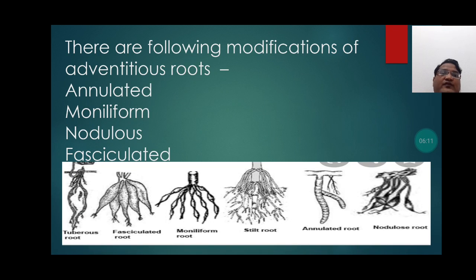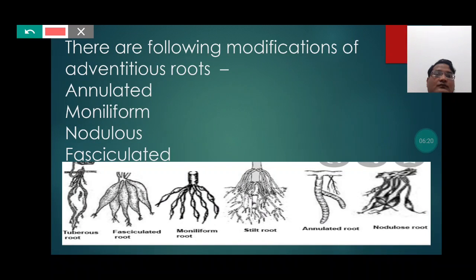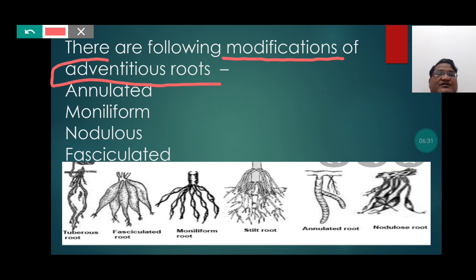There are following modifications of adventitious root: annulated, moniliform, nodulous, and fasciculated. So students, some of the modifications which are present in the adventitious root are as follows: annulated, that is the presence of rings.